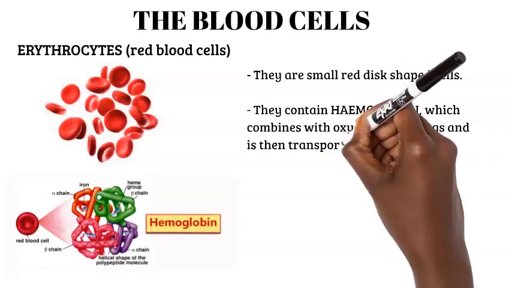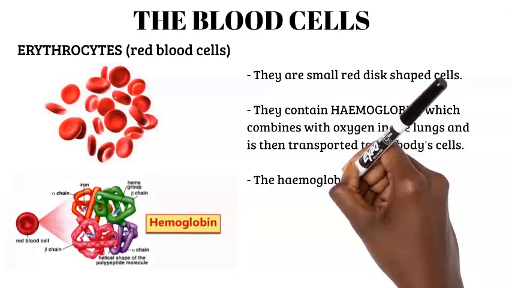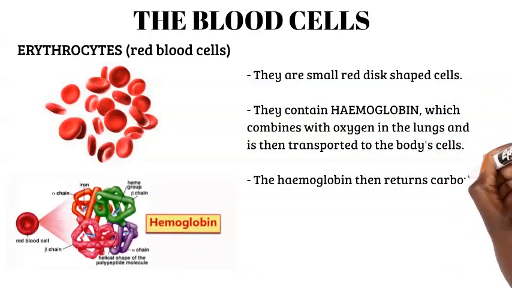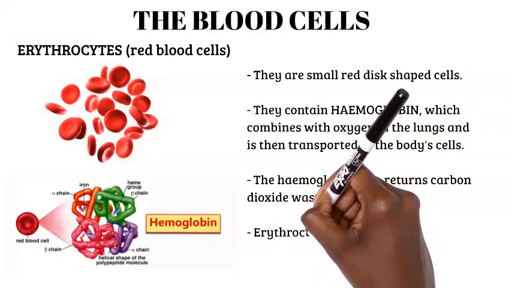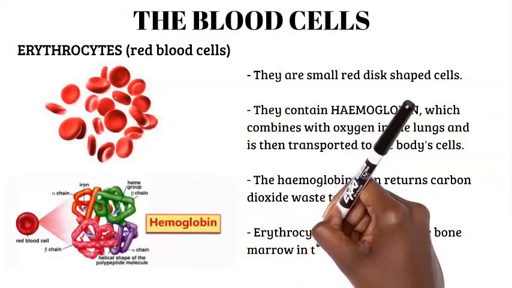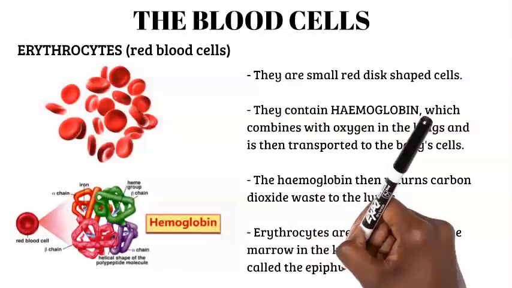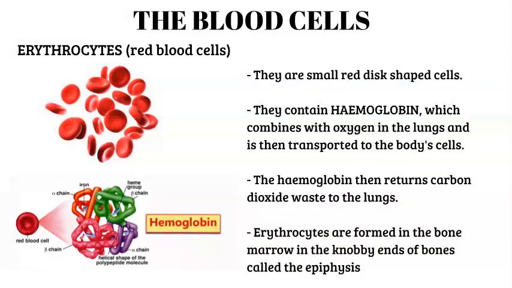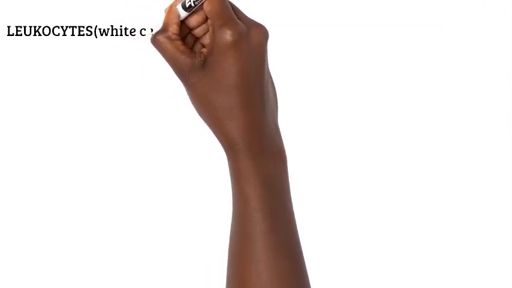The hemoglobin also returns carbon dioxide, which is a waste product, to the lungs. Erythrocytes are formed in the bone marrow, in the knobby ends of the bones called the epiphysis.